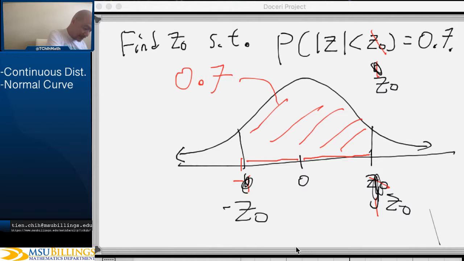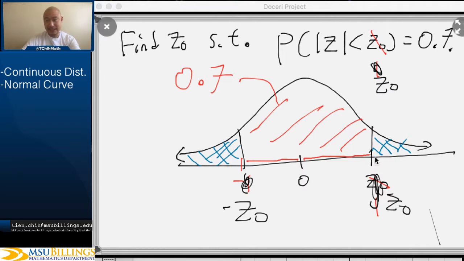And again, I'm going to do something here that I think we should just do by default. This is similar to filling out a Venn diagram in the previous chapter. We should just try to figure out where all of our pieces are, because we don't know what might be useful and what might not be useful. So if this area is 70%, then the sum of the two tail areas together needs to be 30%.